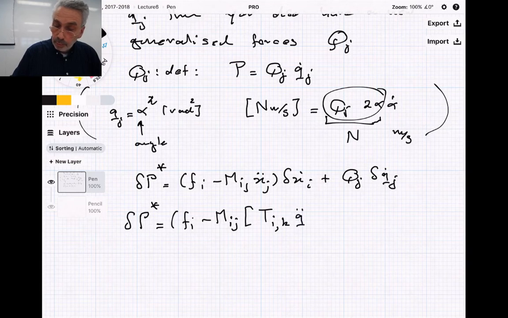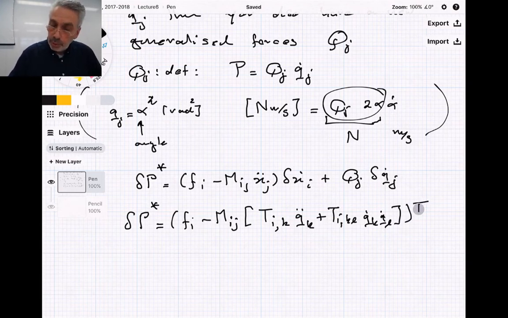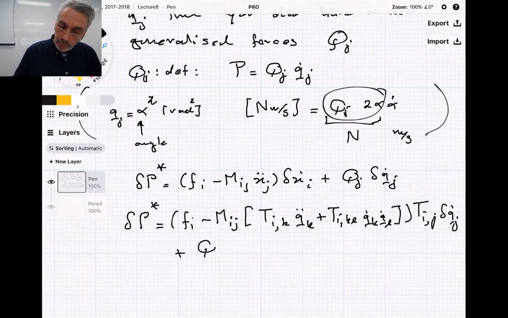Q double dot k plus Ti kl q dot k q dot l, bracket closed, times, and our virtual velocities are now according to this transformation, this Ti j delta q dot j plus our Qj delta q dot j.